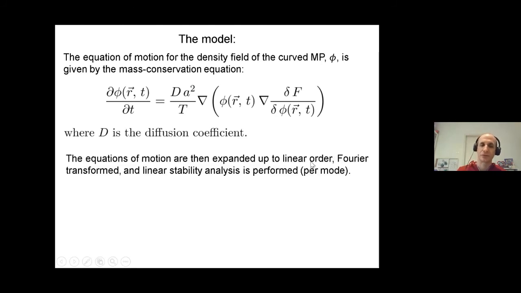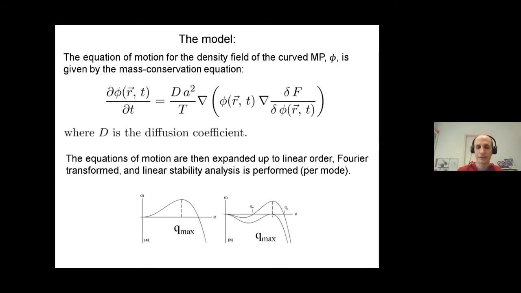So if you take these equations of motion, you expand them up to linear order, Fourier transform, and you can actually carry out a linear stability analysis per mode. Under certain conditions, that could give you these shapes for the dependence of the growth rate omega on the wave vector.